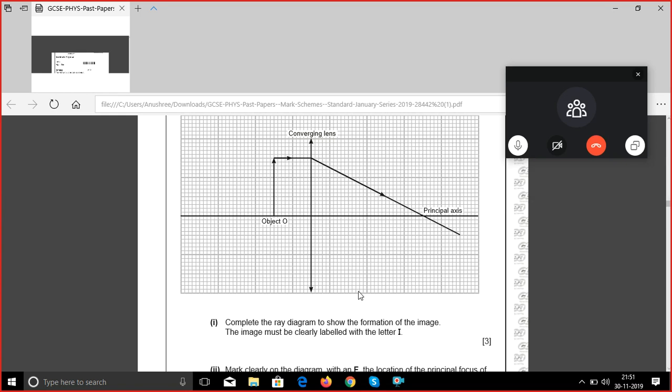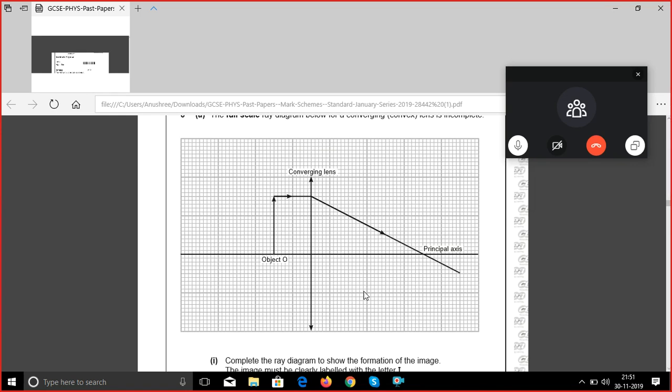So I need to trace it back. It's a ray diagram that shows the formation of an image, and it's a converging lens, which means you have to take two rays. One ray that is parallel to the principal axis, then passes through the focus.